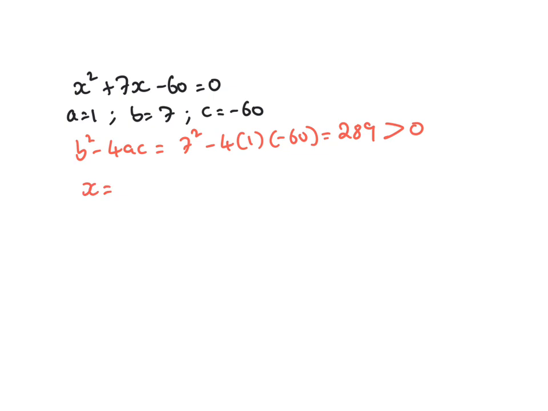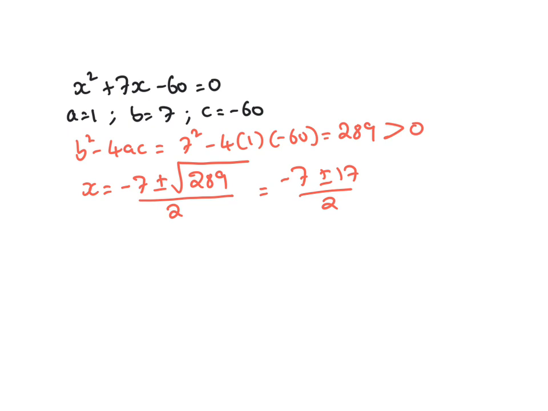x is equal to minus b, minus 7, plus or minus the square root of b squared minus 4ac, which we already did, 289, over 2a, 2 times 1, which is 2. If you simplify that, minus 7 plus or minus 17 over 2.